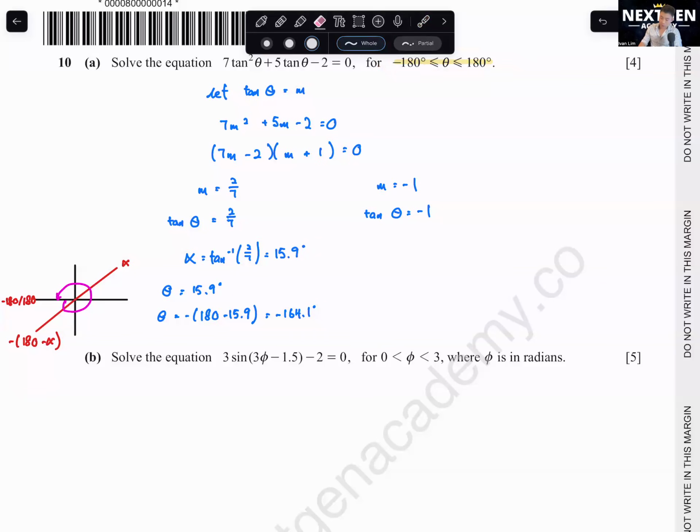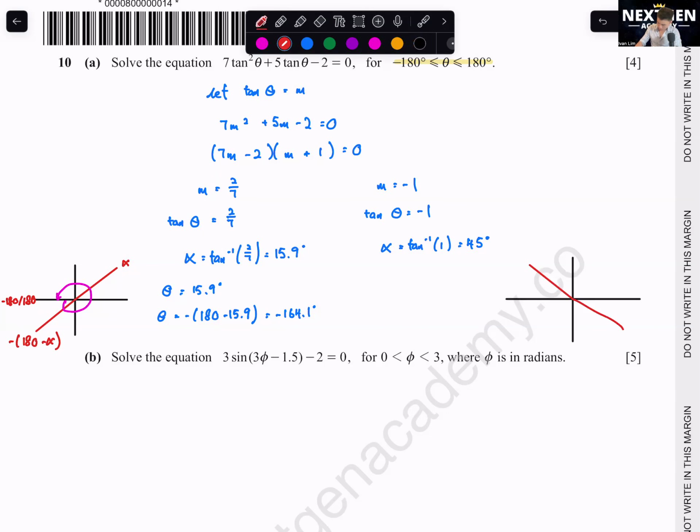Okay, this one, negative 1. So negative 1, alpha, our base angle will be equals to 45 degrees. Okay, which quadrant will it be at? This one is ASTC. Okay, second and fourth quadrant, because tangent is negative.